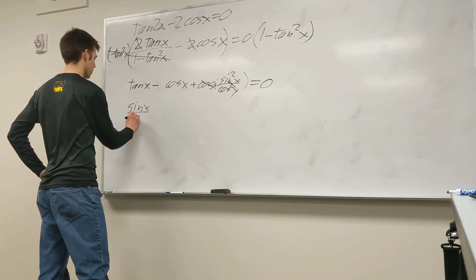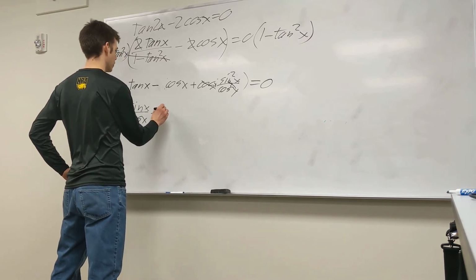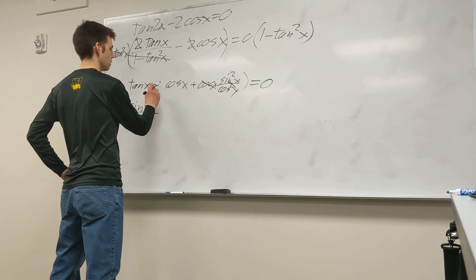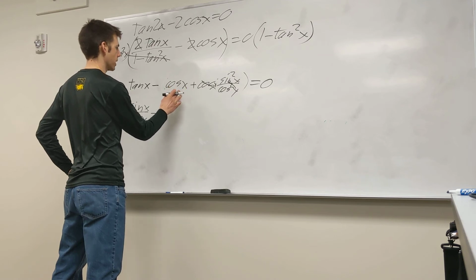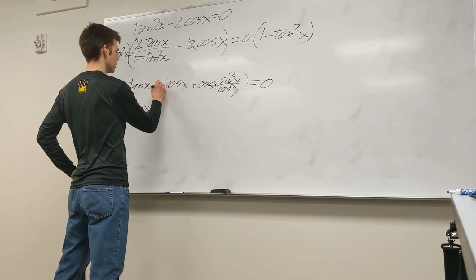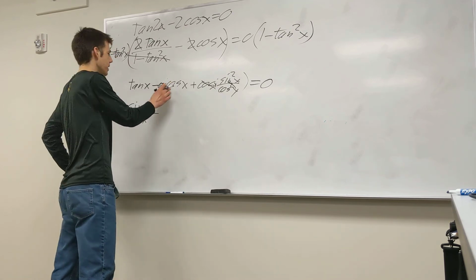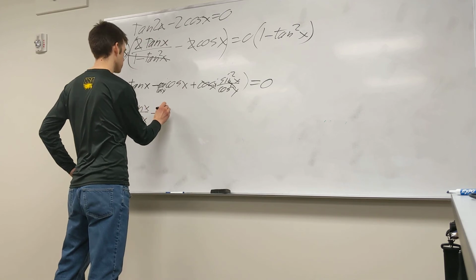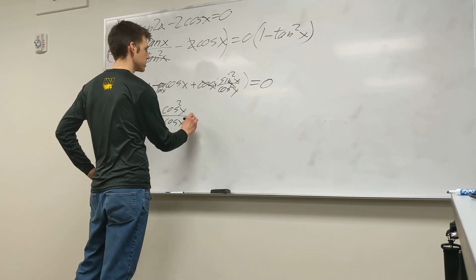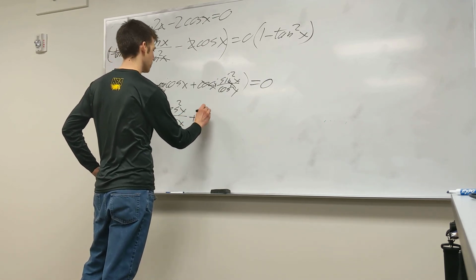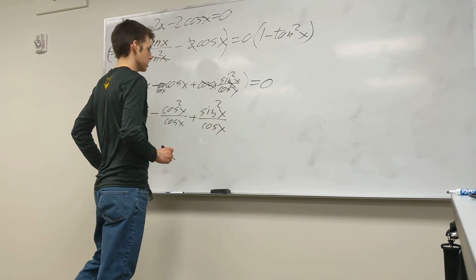Sine x over cosine x minus cosine x, and if I get a common denominator, sine x minus cosine squared x plus sine squared x over cosine x.